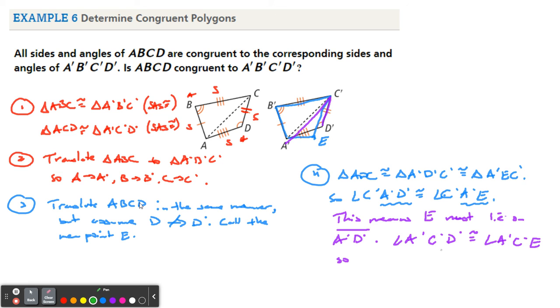If that angle A prime, C prime, D prime is congruent to A prime, C prime, E, then again, A prime C lines up, and that means that A prime D and AE must line up, right? Again, we have this CD and CE. So E must also lie on C prime D prime.